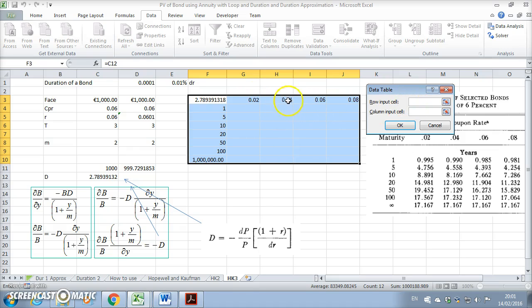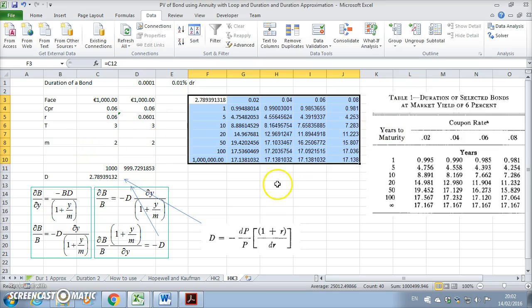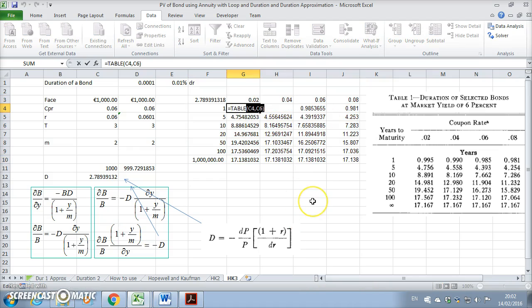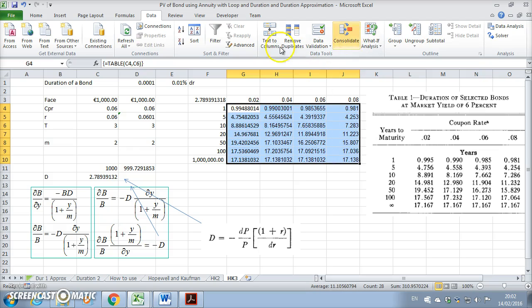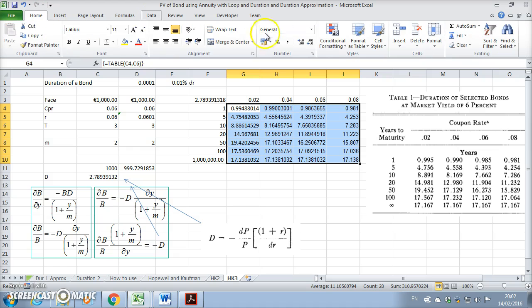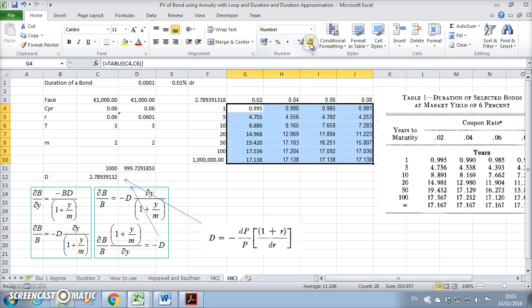On the row we have the coupon rate, on the column we have the time period, and it fills in very quickly, and we can verify the results are the same, broadly speaking, as what we have over here. You can see the results here are broadly in line. Somewhat different, but broadly speaking, very, very similar to the values we had observed before. Take it down to 3 decimal places.